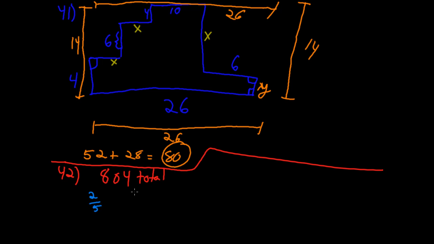So we can quickly solve for that. 2/5 times 804, because that'll give us the number of students actually going to college, is equal to about 321.6 students.